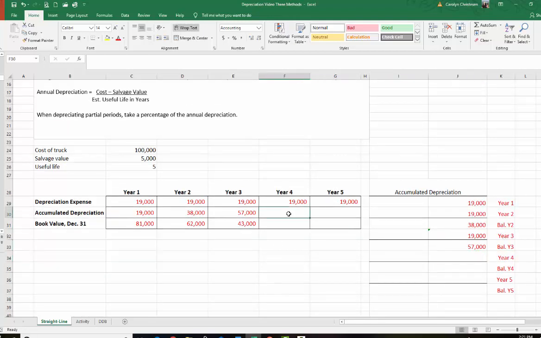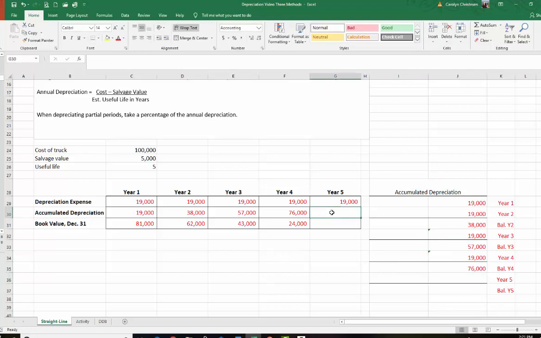Okay, so hopefully you've got the pattern here. Our accumulated depreciation this year is last year plus this year's depreciation. Our book value, cost minus accumulated depreciation. Again, over here, our depreciation for the year, $19,000. Our balance at the end of the year, last year plus this year, $76,000.